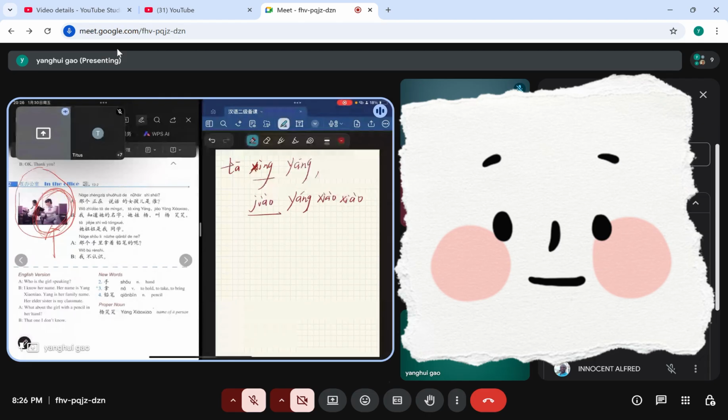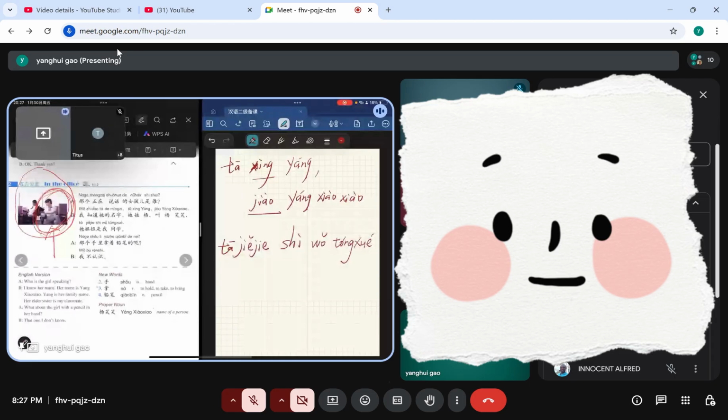Her elder sister is my classmate. 她姐姐是我同学.